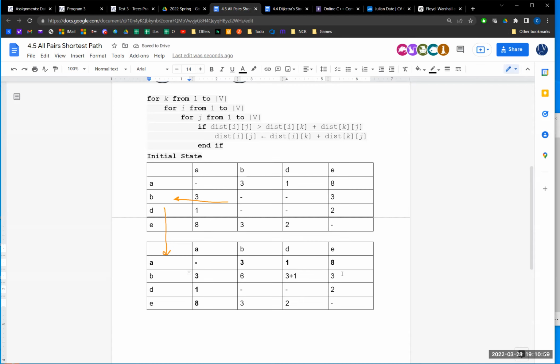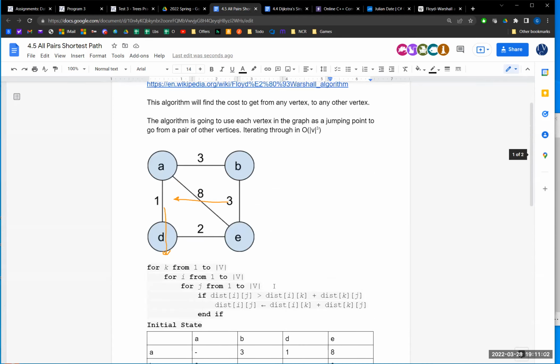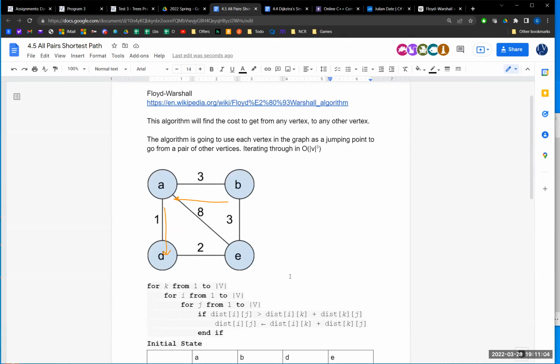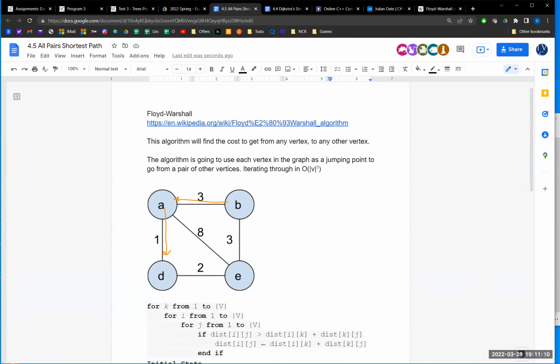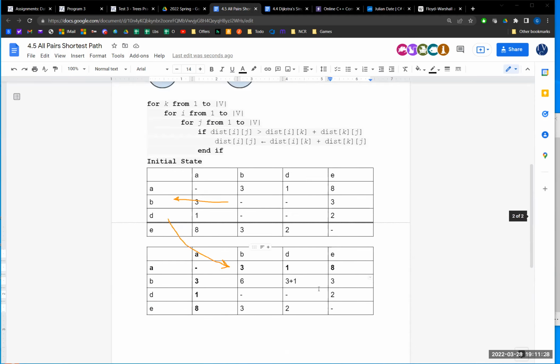Now, B can get to E for 3. But instead of going directly there, we could alternatively go this way. That way is a cost of 11. Since that's not an improvement, we're going to leave that 3 data point alone. So this data point stays as it is.